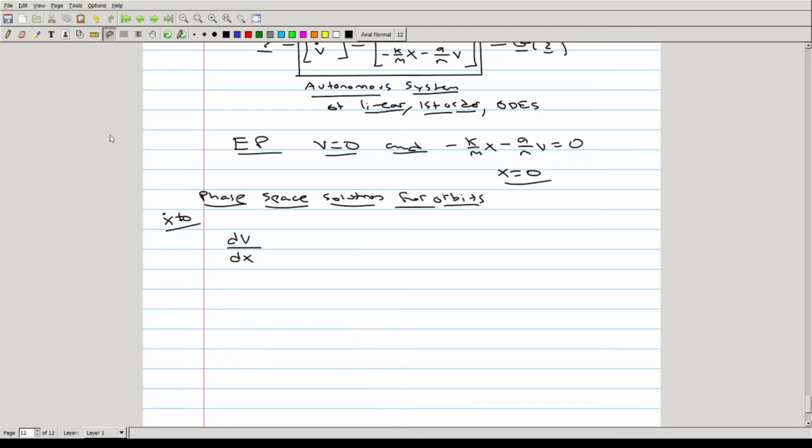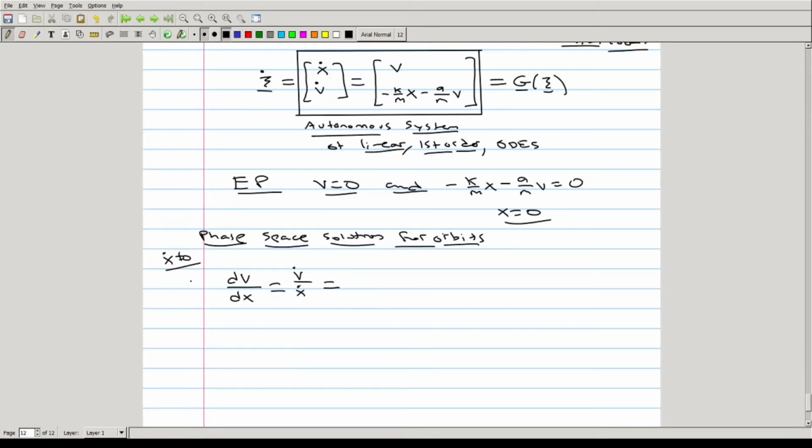Because the differential equation in phase space for the orbits ends up becoming v dot over x dot, dv dx is v dot over x dot, which is negative k over m x minus a over m v, over v.